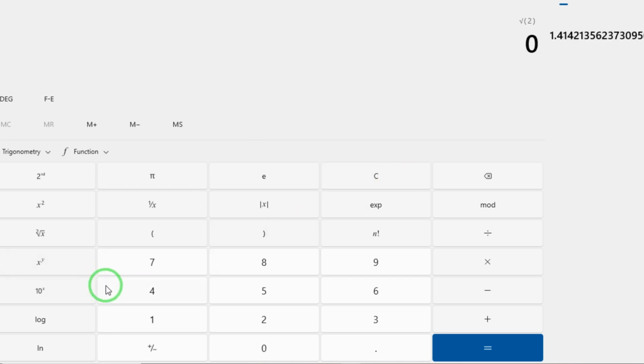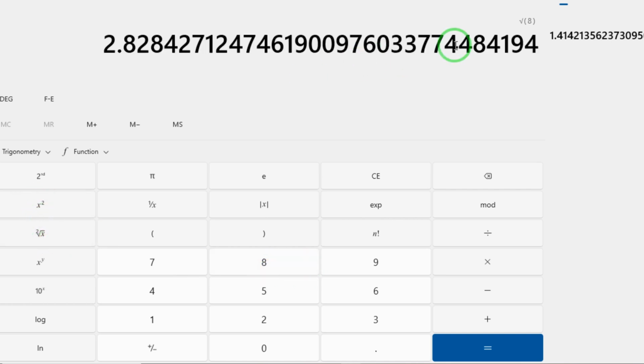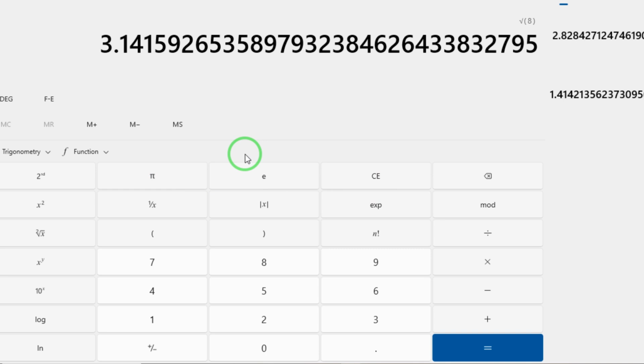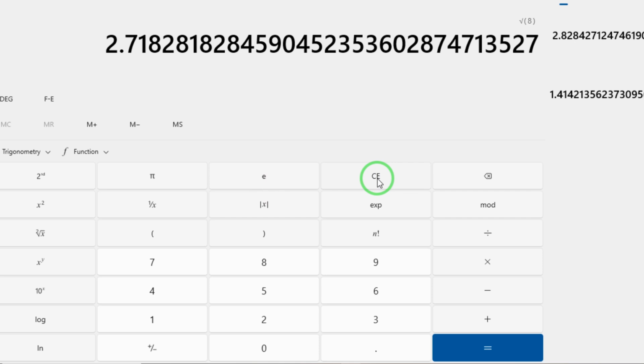Or, for example, you have square root of 8. This number is an irrational number. Or you have pi here. The value of pi is like this, not terminating and not repeating. Also we have e here. E is an irrational number, neither repeating nor terminating. So this kind of number is called irrational number.